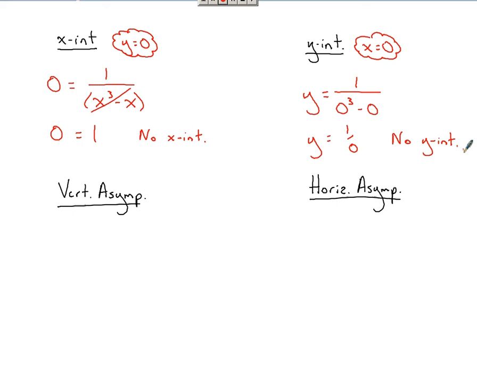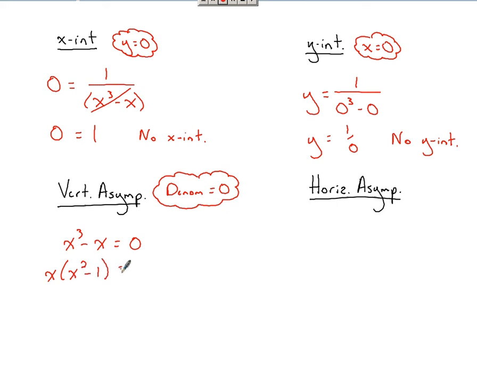All right, reviewing how to find a vertical asymptote. Vertical asymptote is when the denominator is set equal to 0. All right, if we set that equal to 0 and solve for x, that gives us potentially our vertical asymptotes. So denominator in the original function was x cubed minus x. I'm setting that equal to 0. I'm solving for x. If I factor out an x to get started, well, basically you've got x out here as a factor, so x equals 0 would be a vertical asymptote.